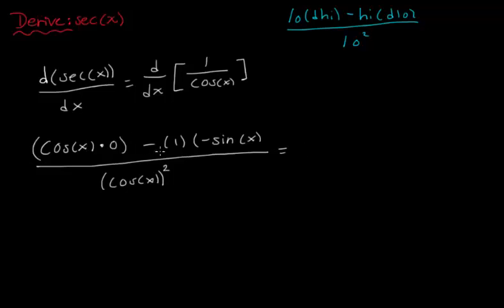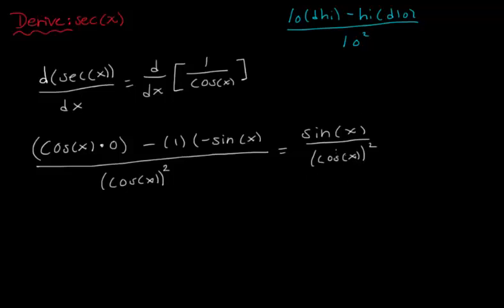So we have a negative 1 times negative sine of x. Well, that's just going to leave us with a positive sine of x. And then our denominator is just going to stay cosine squared of x. Well, that's a weird way of writing that. Let me redo that.